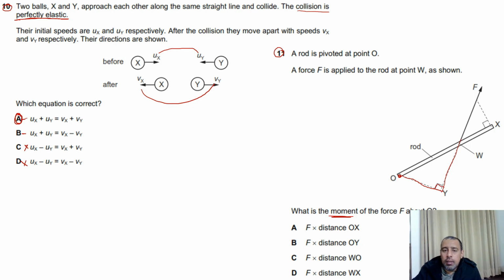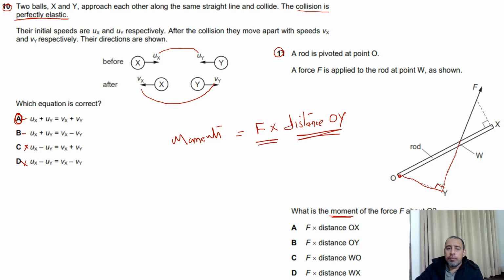It means the force must be multiplied with this distance, that is OY. So we can have the moments. The angle between this moment arm and the force is 90 degrees. For any other option, it's wrong. That's why option B is correct: F and the distance OY. Moving forward.